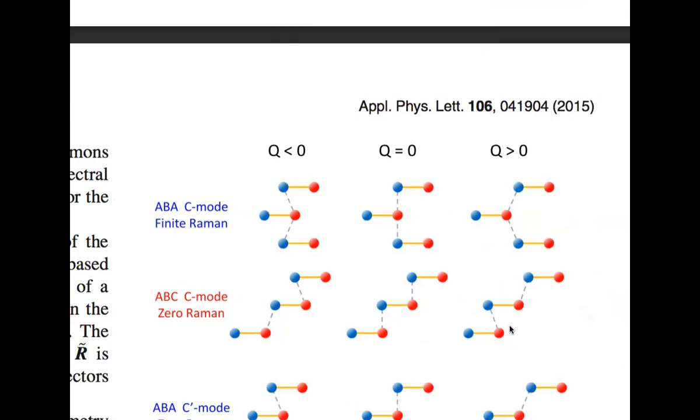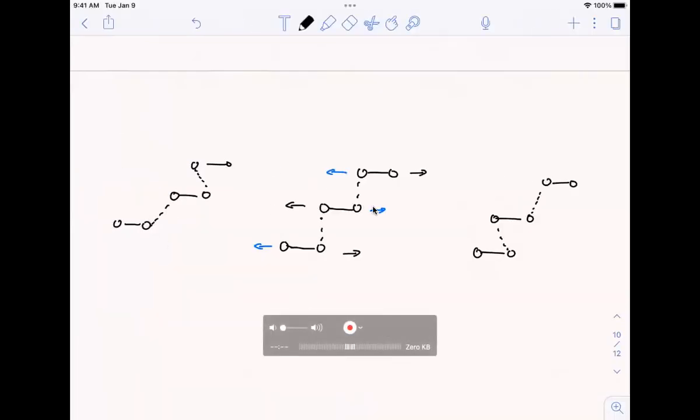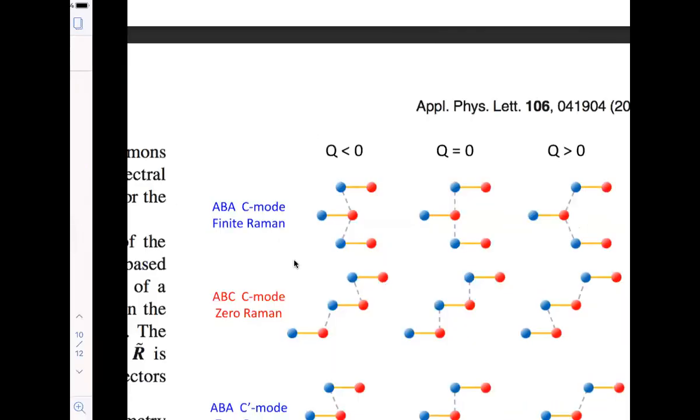Then if they go the opposite way, you're going to have something like this. You draw it like this, then you're going to have something like this. But the drawing is not very accurate. But that is the result.